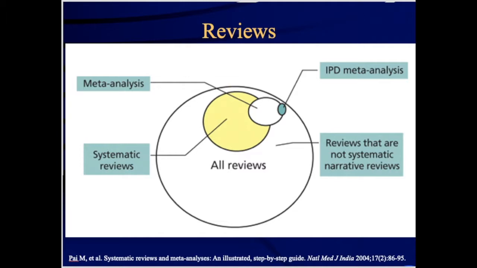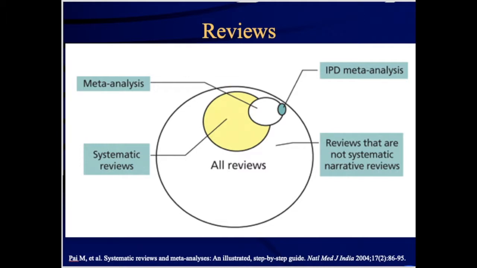So ideally, we'd like a meta-analysis performed within a systematic review. Within the set of a meta-analysis, the investigators will sometimes choose to go beyond the analysis of published studies, and they will contact authors of the primary studies for data on individual patients, and then combine the raw data. This is called an individual patient meta-analysis.